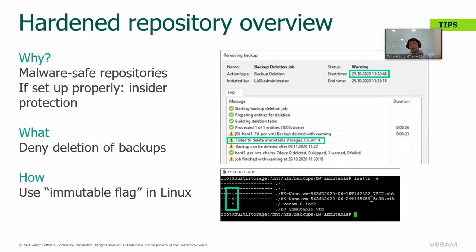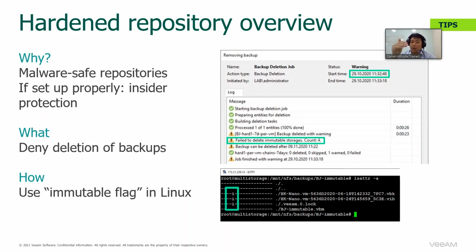When your data is stored into the Linux repository, we can actually apply immutable attributes to the file itself. This is to avoid your backup file being changed or deleted from external connectivity.